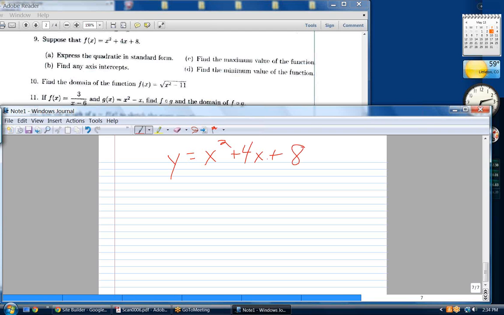What's standard form? What do I mean by standard form? Well, I understood standard form to be this. But when they're dealing with quadratics, I believe standard form is this.